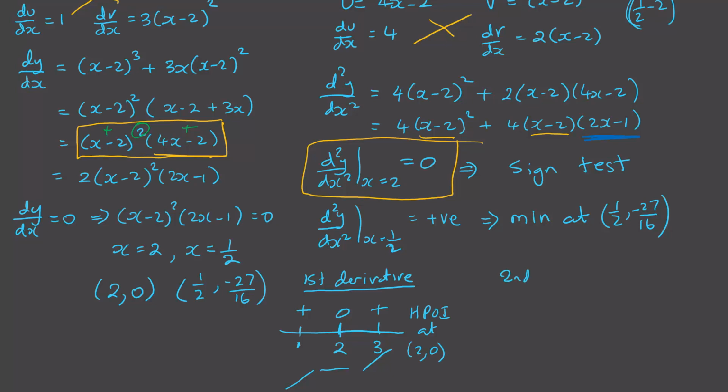Do we get the same thing with the second derivative sign test? So we go to 2. That's where our problem was. And we know the second derivative was 0 there, which is why we're doing the sign test to start with.